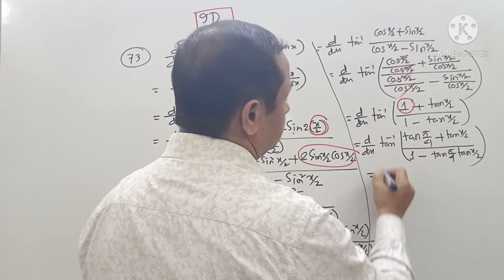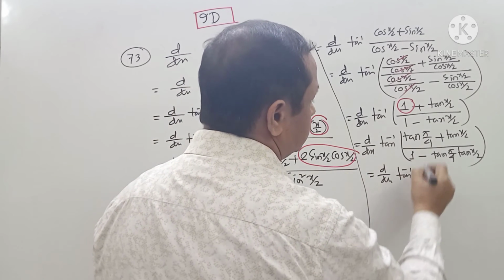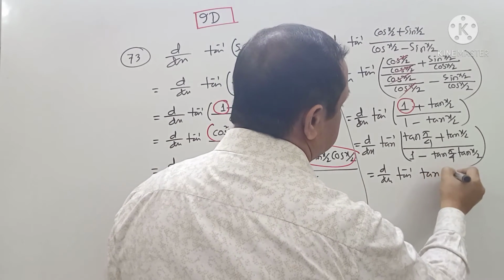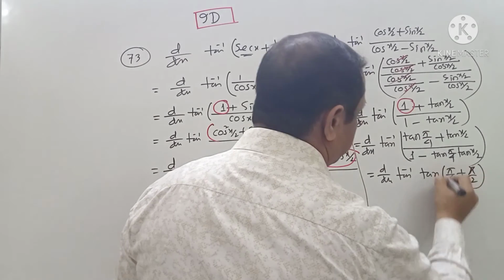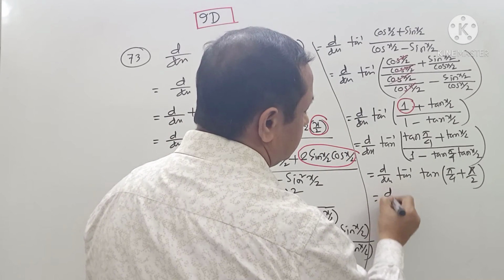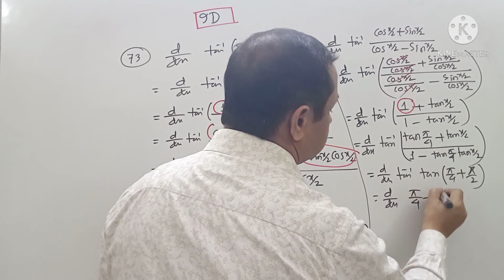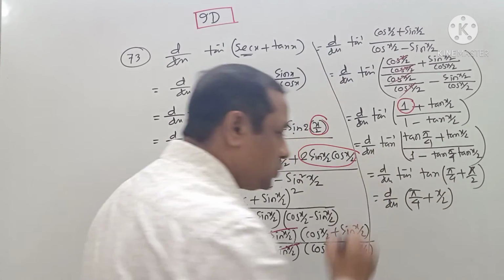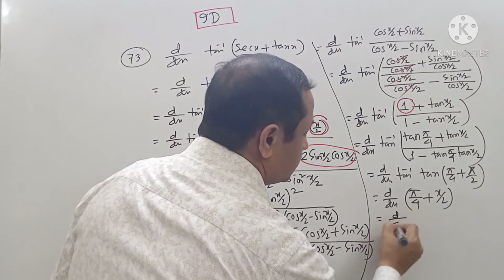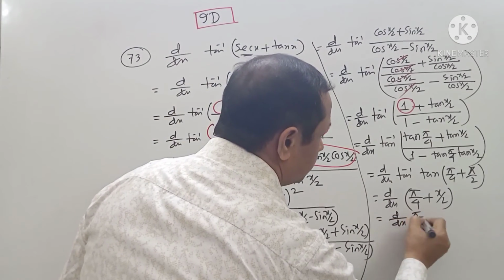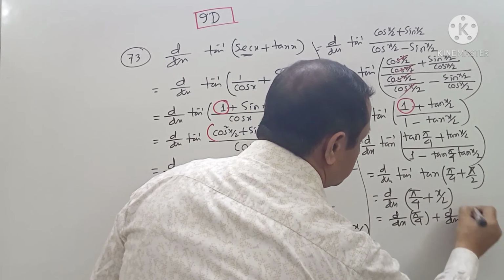Now here d/dx of tan inverse tan of (pi/4 plus x/2). Tan inverse and tan cancel, then we get pi/4 plus x/2. So student, separating the expression, d/dx of pi/4 plus d/dx of x/2.